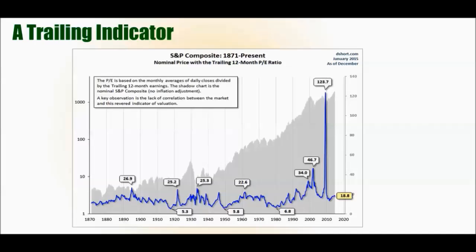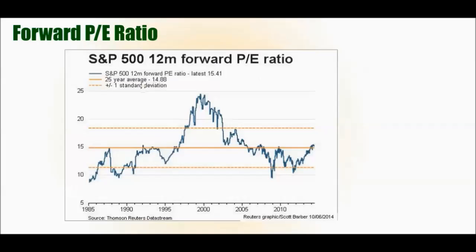Now, one objection is that the trailing 12-month PE ratio, which is the default if it's not specified, is looking at the past. You're more interested, especially as an investor, in what's to come, and you're paying for future earnings.